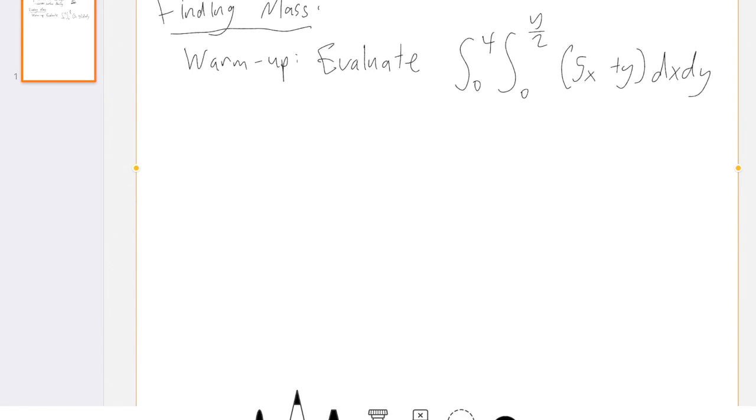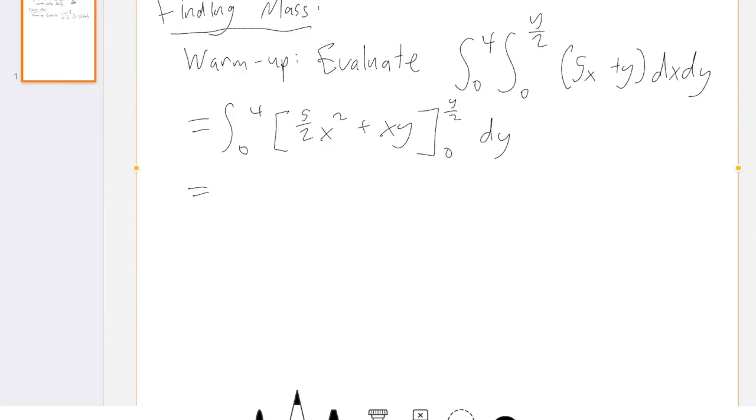Okay, so here's the solution. We just work from the inside out. So the first step is just integrating the inside, and we get 5/2 x squared plus xy going from 0 to y over 2.